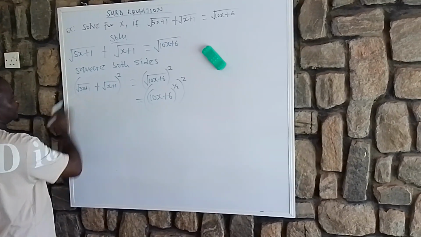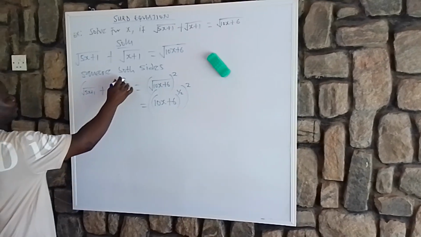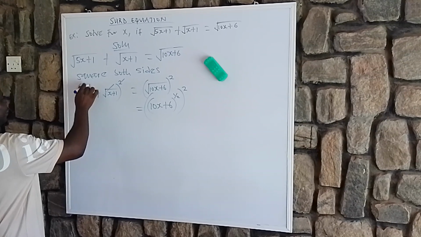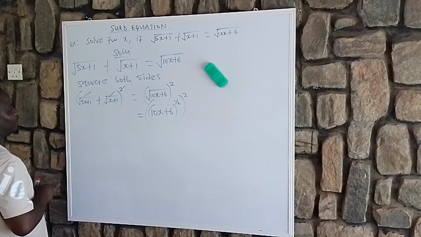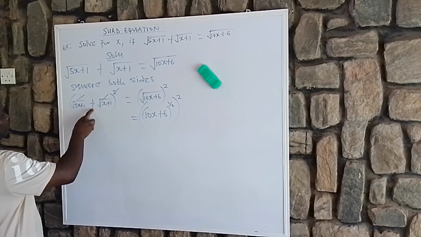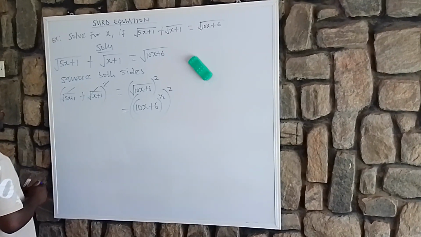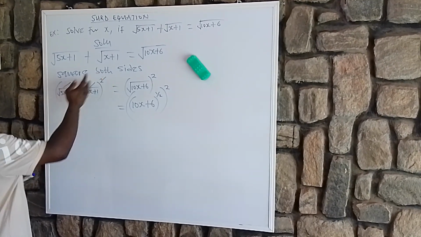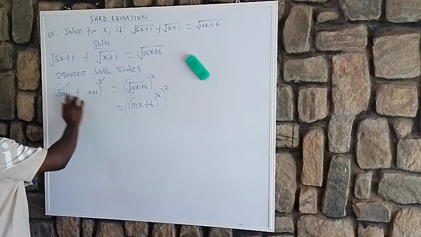Then the left hand side. I know some of you want to use this one to cancel this and this to cancel this. That is not the right step. It cannot work, because the operation here is plus. So we cannot apply this procedure. Is that clear?